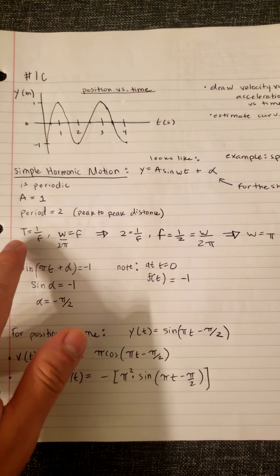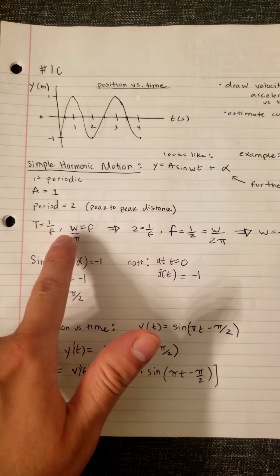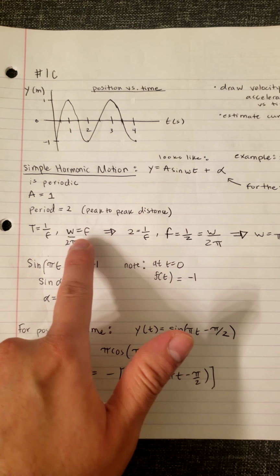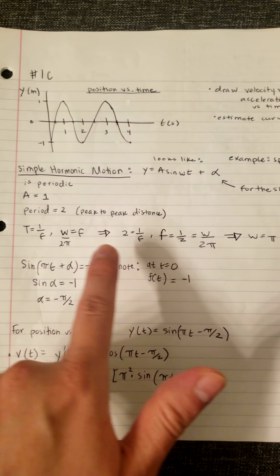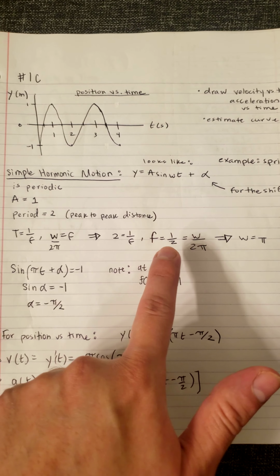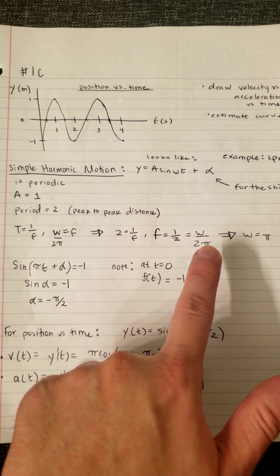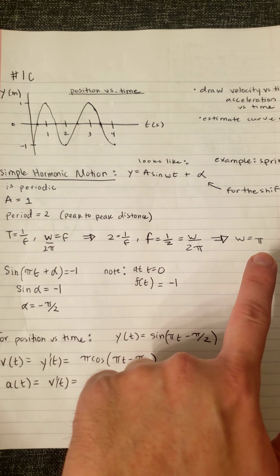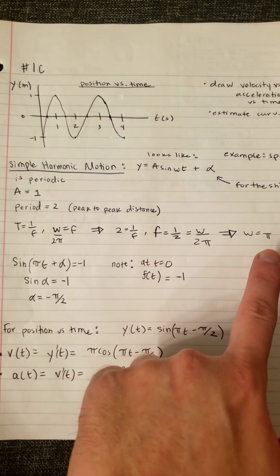And using these very simple equations for frequency, we are able to determine that the frequency is 1/2, and that gives us an omega of pi.